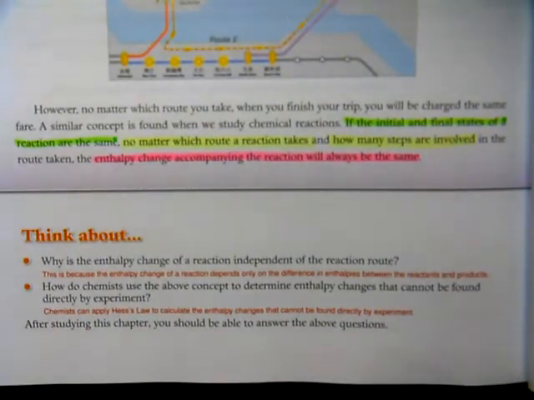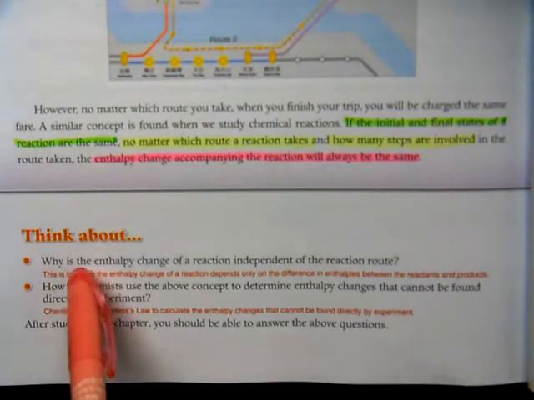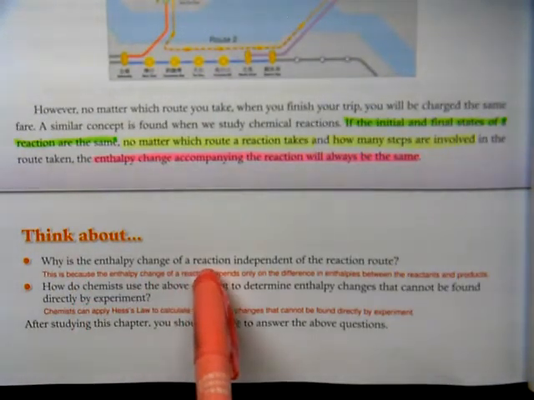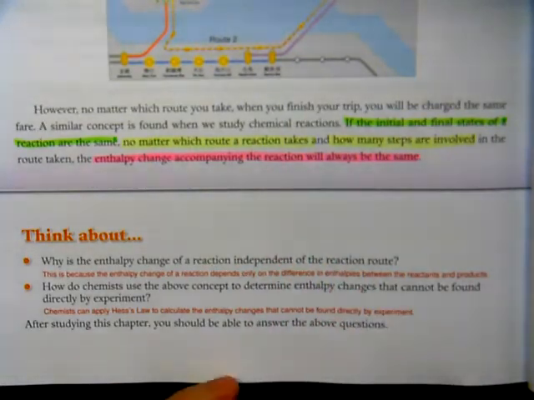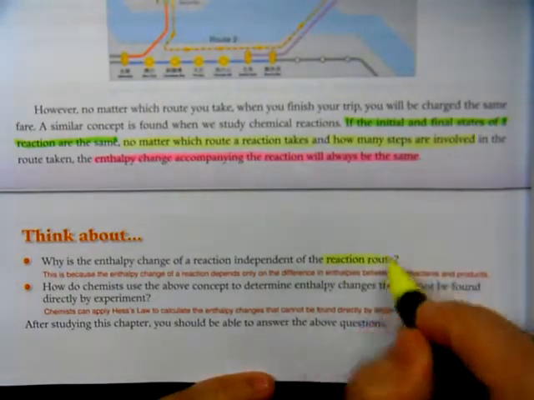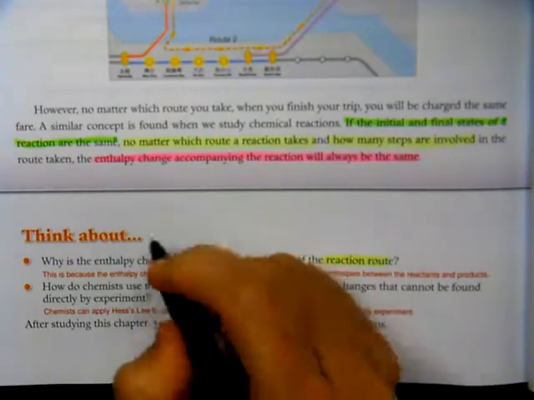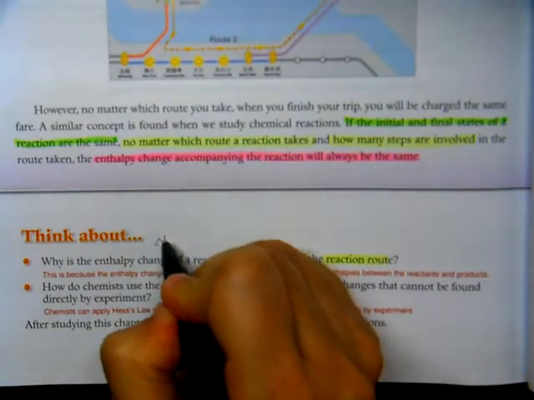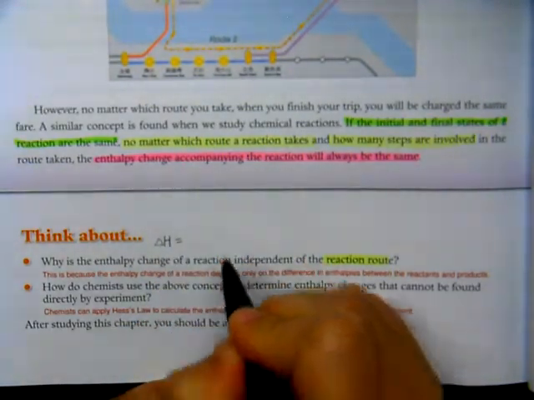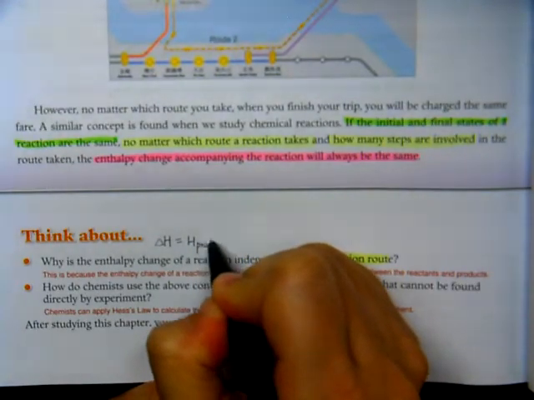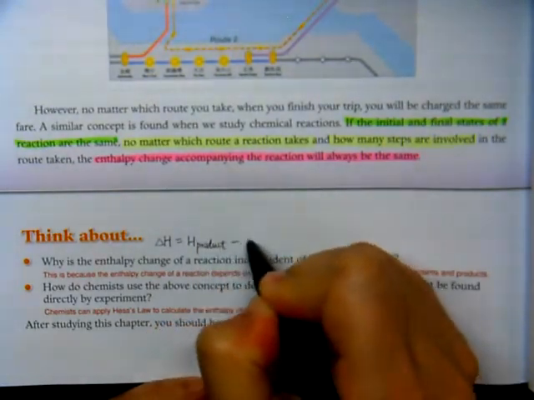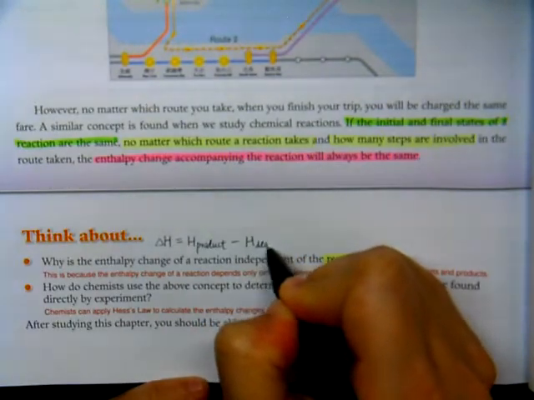Now let's try to think about why the enthalpy change of a reaction is independent of the reaction route. First of all, do you remember what delta H is? Delta H is equal to the enthalpy of products minus the enthalpies of reactants.